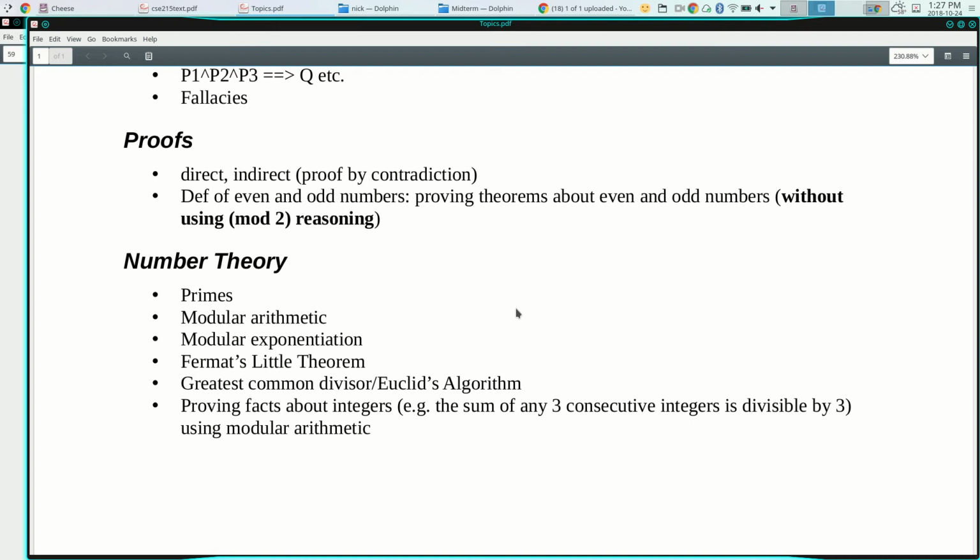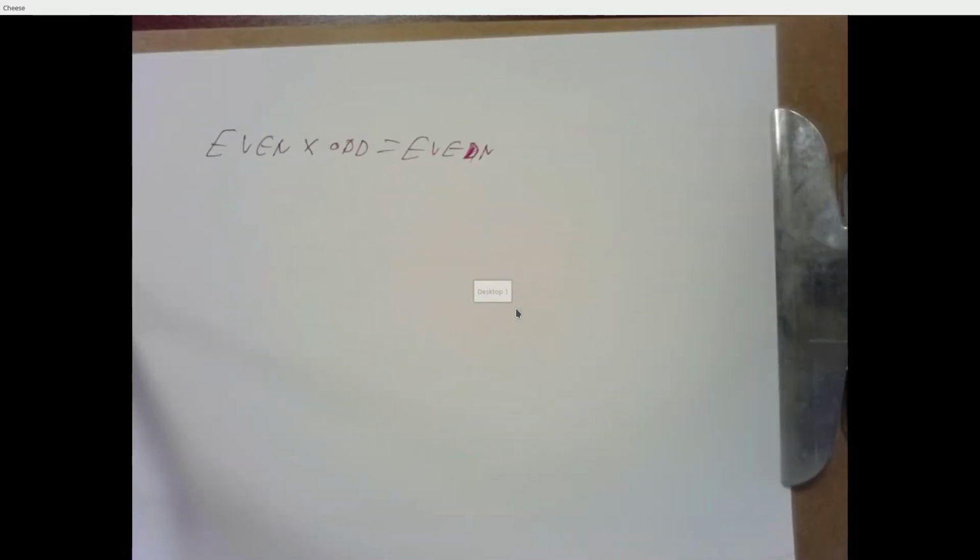So even times odd is even. Yeah, but you've got to do this using modular arithmetic. 5 times 7 is like an odd number.